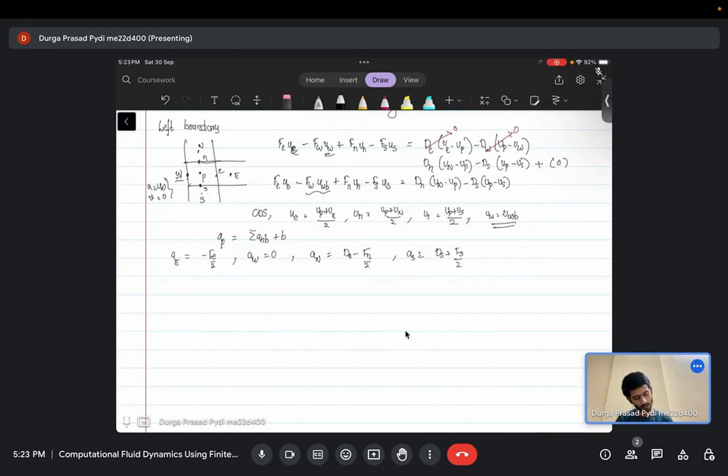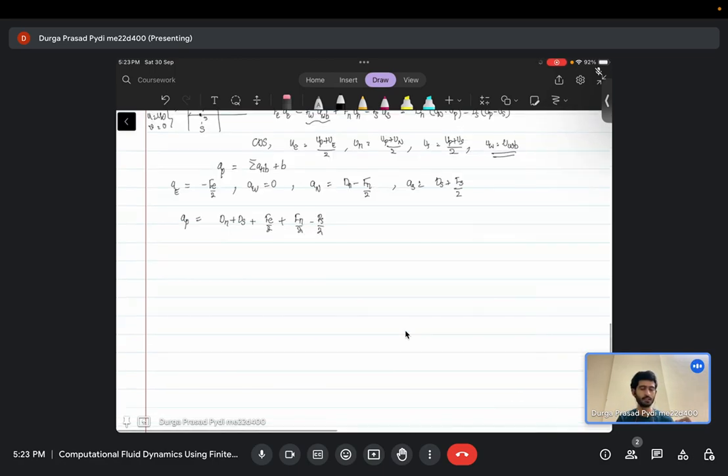And your AP, if you write the AP terms, it will be, we have a Dn plus Ds plus Fe by 2 minus, we don't have a west coefficient, we have Fn by 2 minus Fs by 2.